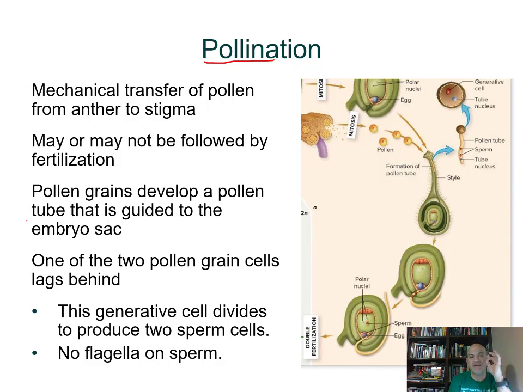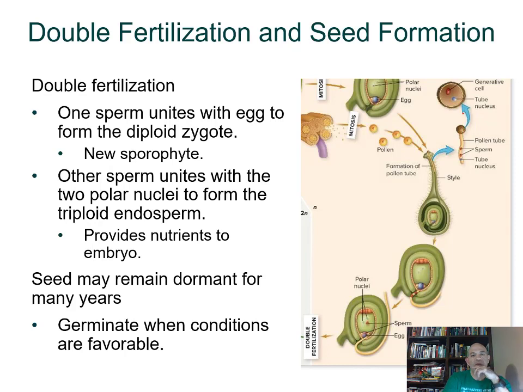So this slide here talks about what happens with those two cells, the generative cell and the tube nucleus, responsible for growing the pollen tube. The generative cell, like to generate the next generation, would become the two sperm cells. So the double fertilization significance was already mentioned.